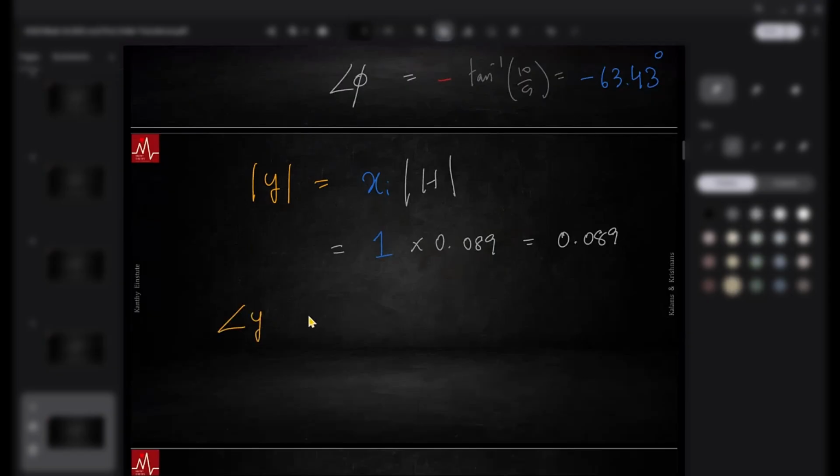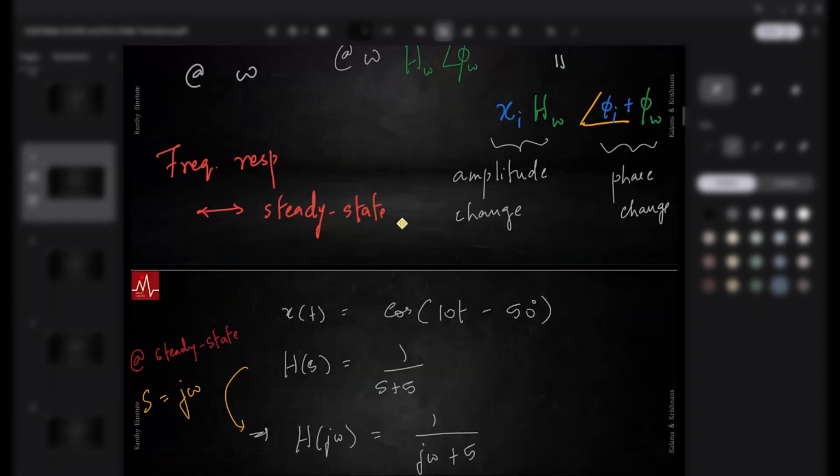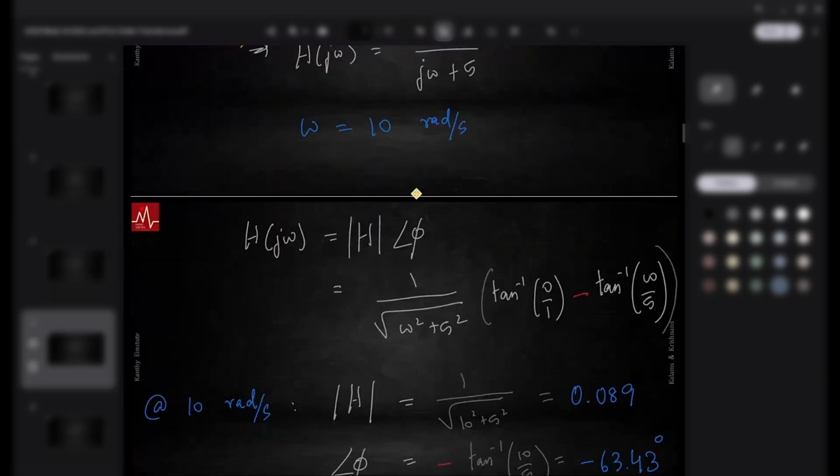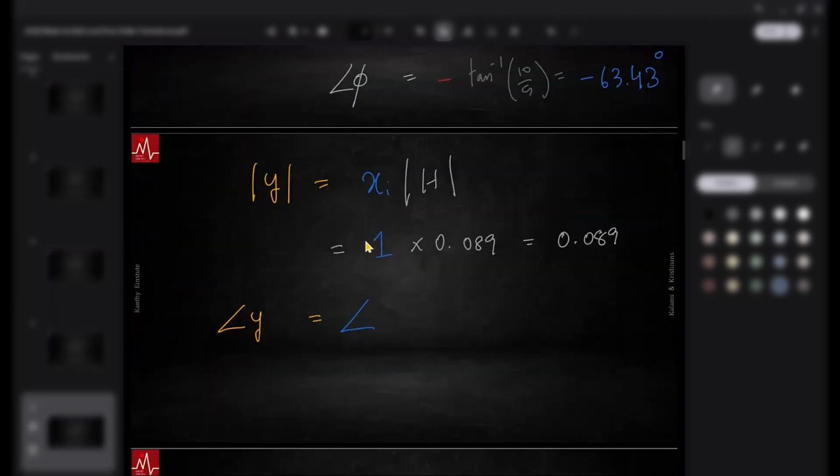That is going to be the input angle, and the angle of H gets added to this.